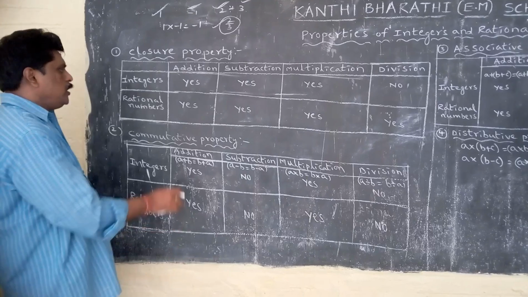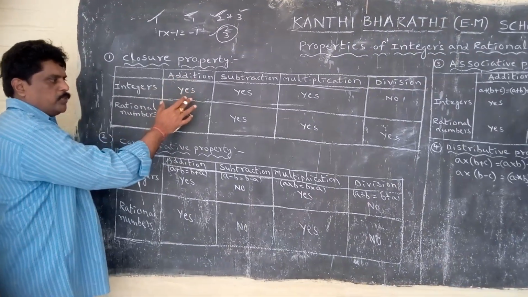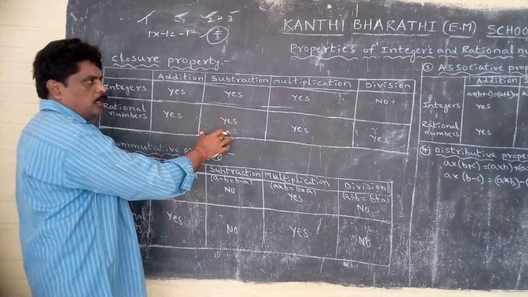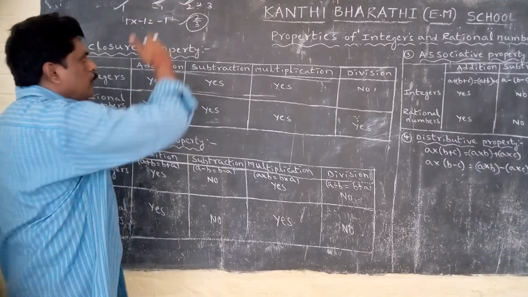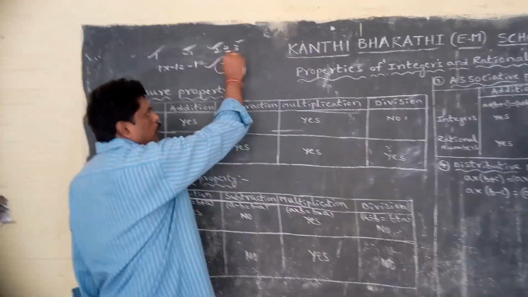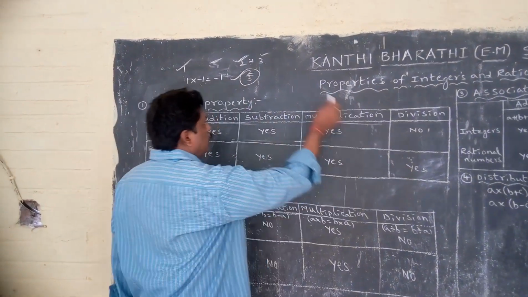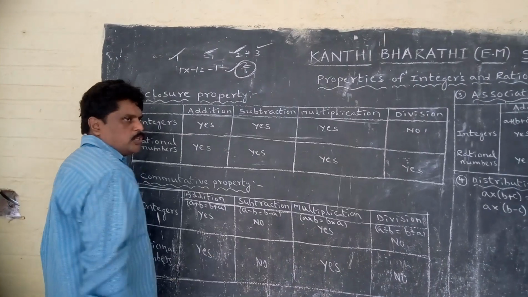Okay. Next one is rational numbers. In rational numbers, the closure property exists in addition, subtraction, multiplication and division also. I have taken the same examples for you. Here 2 is a rational number, 3 is a rational number, 2 by 3 is also a rational number.